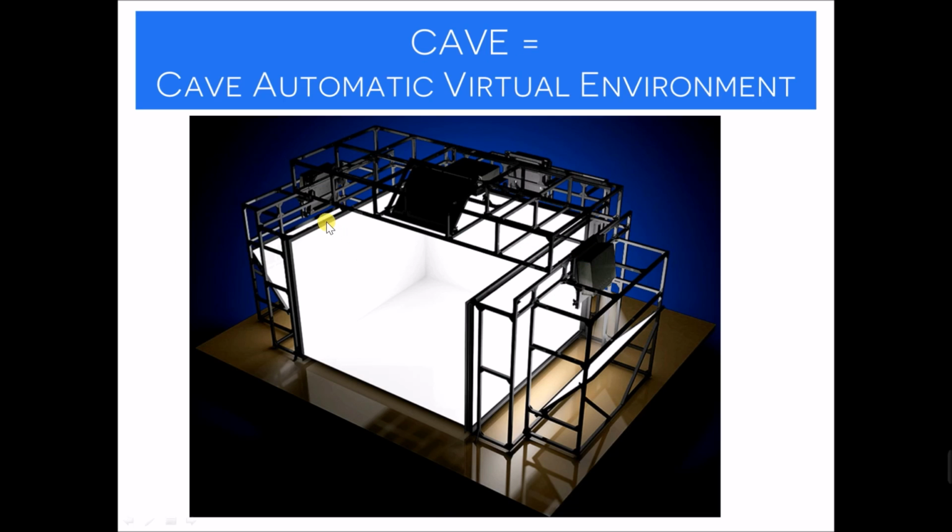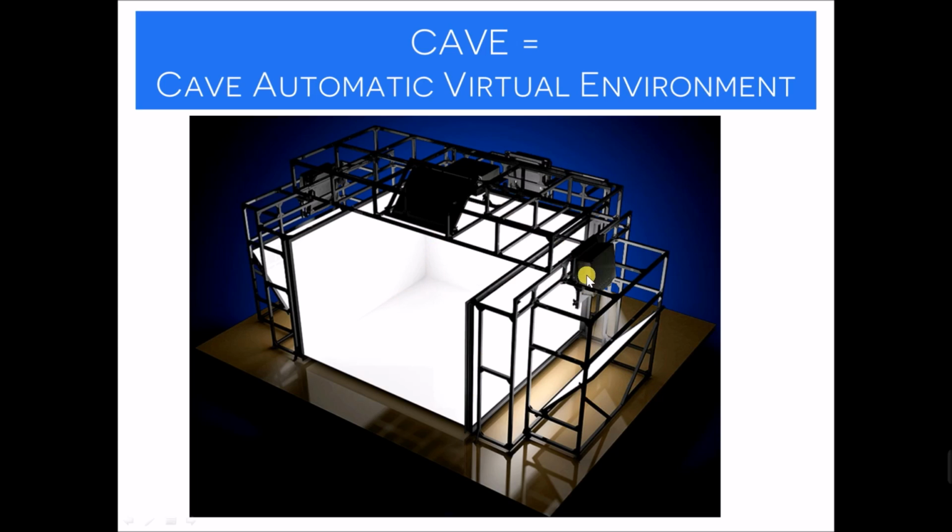Then another thing is CAVE, which stands for Cave Automatic Virtual Environment. Essentially it's similar to a display wall, but it's many display walls tiled around the viewer. There's even a floor and sometimes even a ceiling, and sometimes it's even closed. So it's basically a cube or some rectangular thing, and there's a projector that projects on each of these.